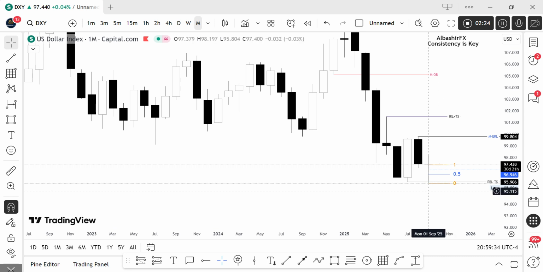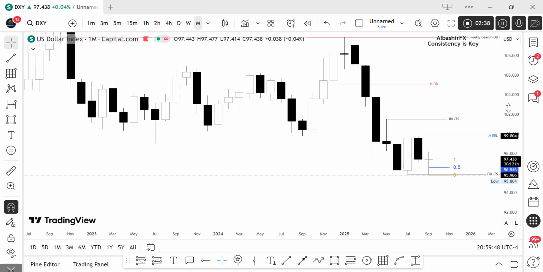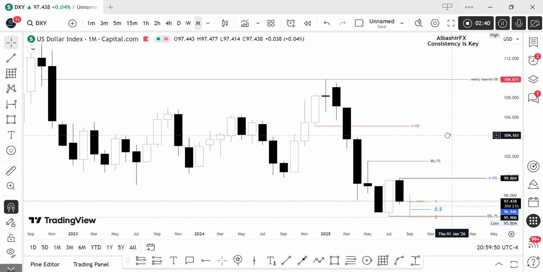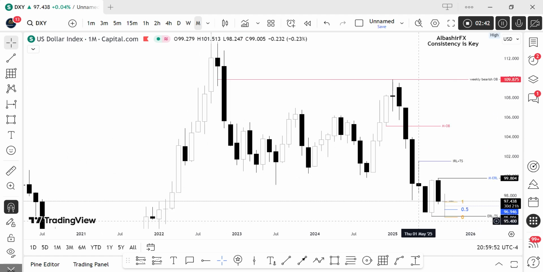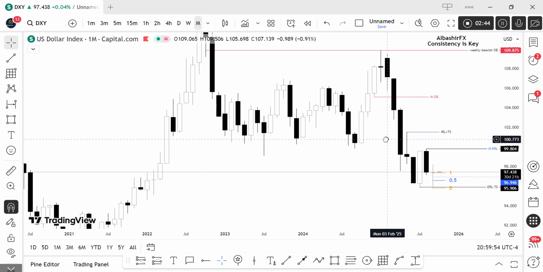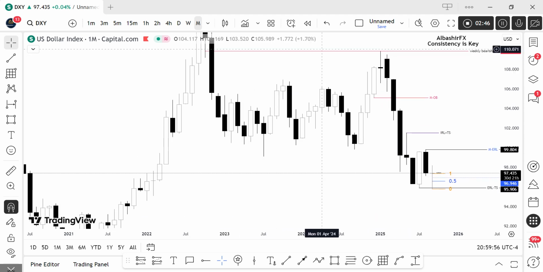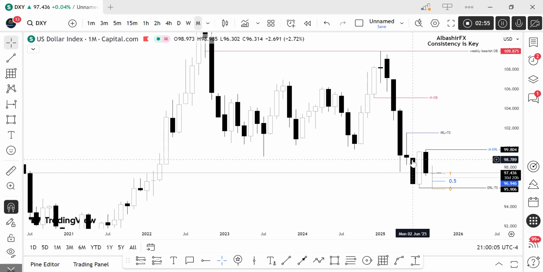One of the things I want us to anticipate is where the next month's candle low is probably going to be. For us to understand that, we need to look at the overall monthly range. The market has been rallying lower on the monthly perspective from this swing high all the way to this swing low.